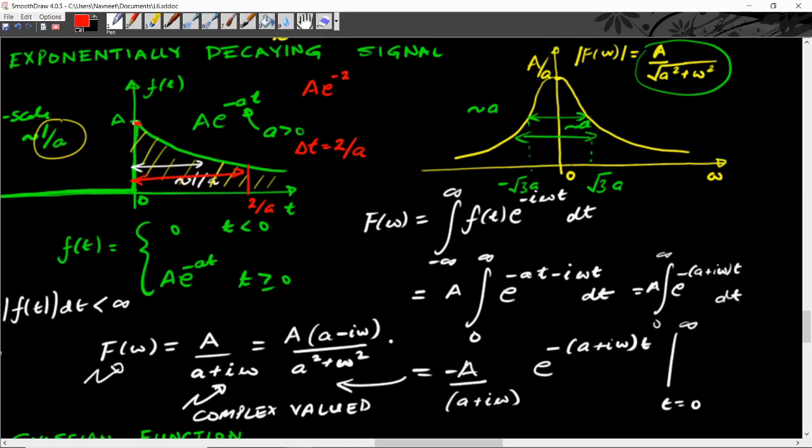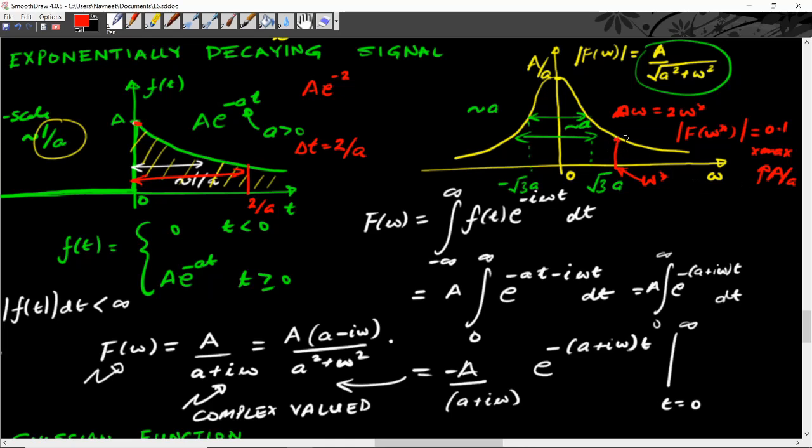And for the bandwidth of this Fourier transform shown over here, let's say we take delta omega as twice the value of that particular frequency for which the magnitude of the Fourier transform is 0.1 times the maximum value.